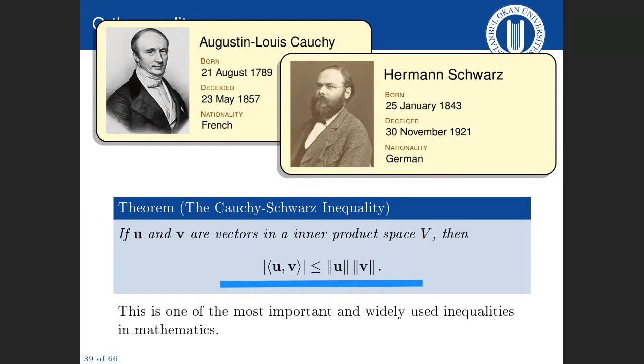Just like the fundamental theorem of calculus is used all through calculus, this theorem is one of the important ones which is used many, many times. And this very, very important theorem I'm going to prove.